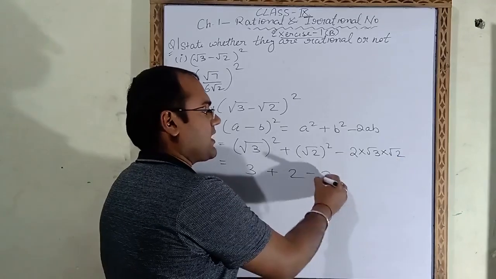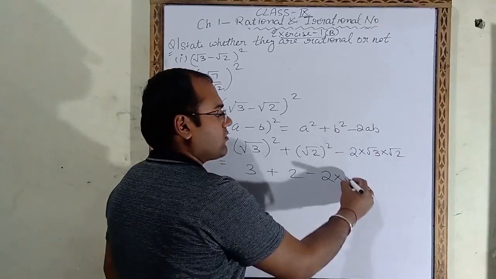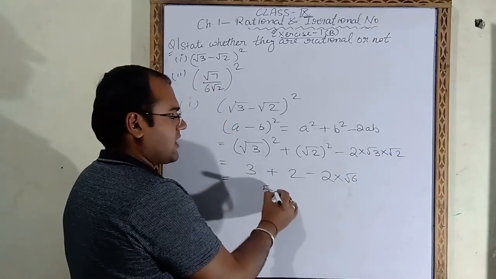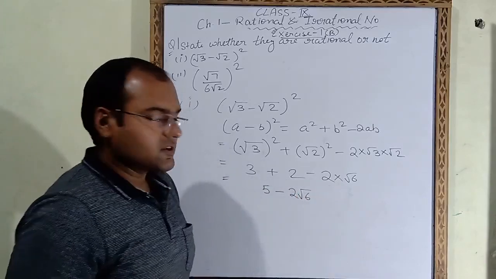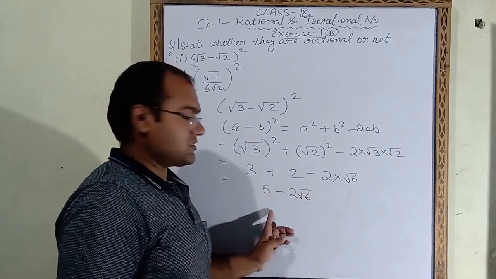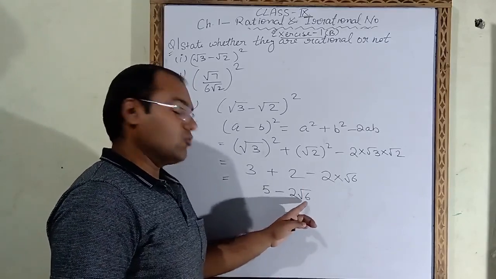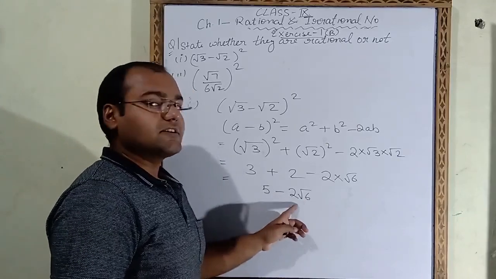So this 2 will remain as it is and root numbers will get multiplied. Root 3 into root 2 will be root 6. 3 plus 2 will be 5 minus 2 multiply root 6. That means 2 root 6. Now don't subtract these two numbers 5 minus 2. Why? Because in 2 root 6 root is also there, but here root 6 is not there. So we will not subtract these two.